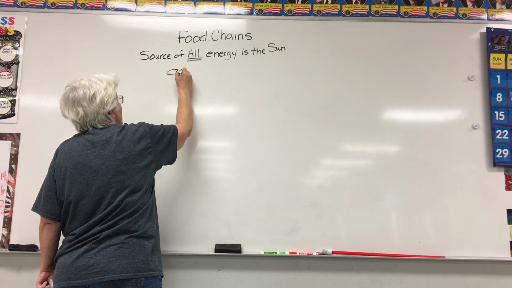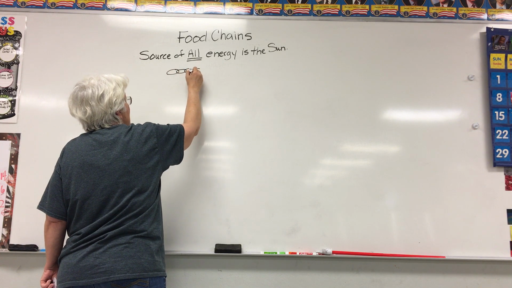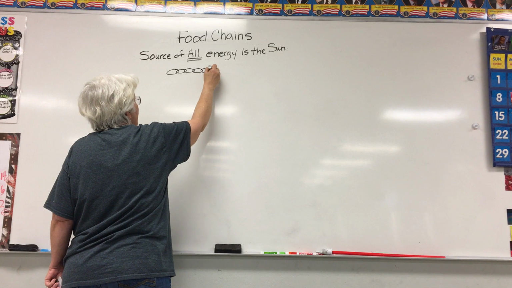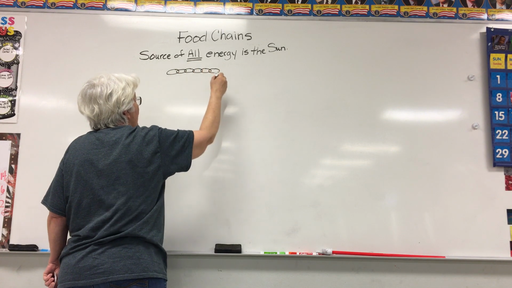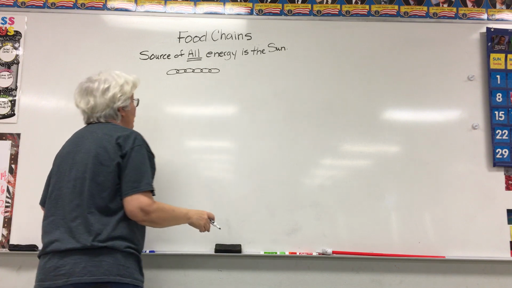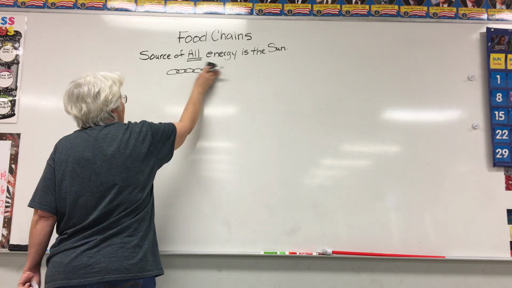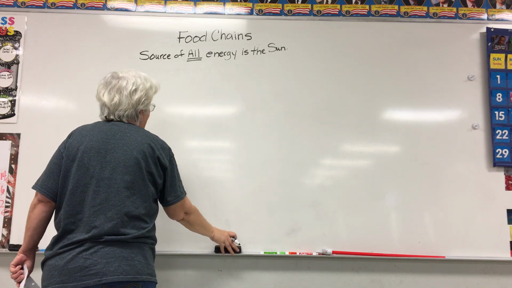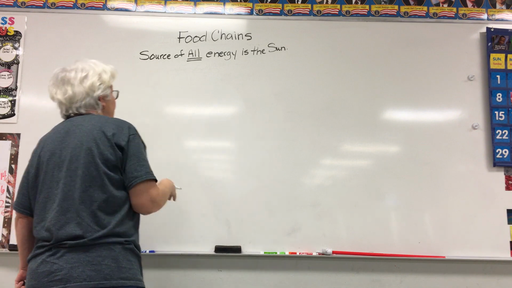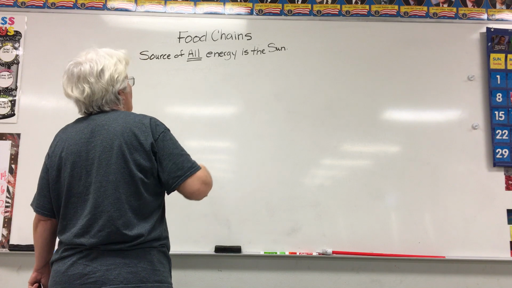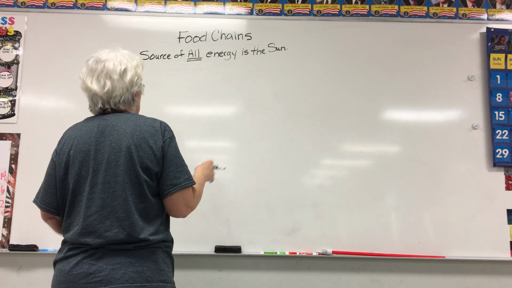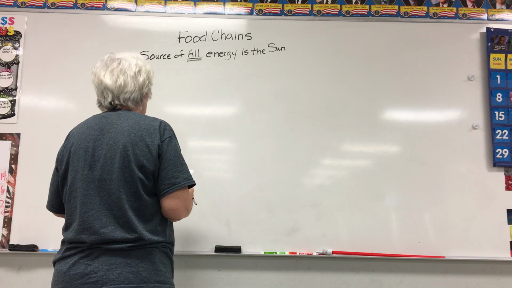A chain is something that links together, goes from one to another to another, and they're all hooked together. They're all kind of related. A food chain is that same linking, and we have to start from the beginning and figure out which way it goes.